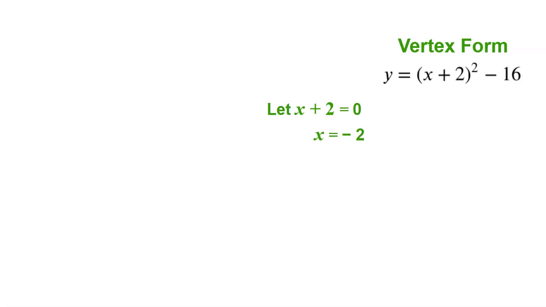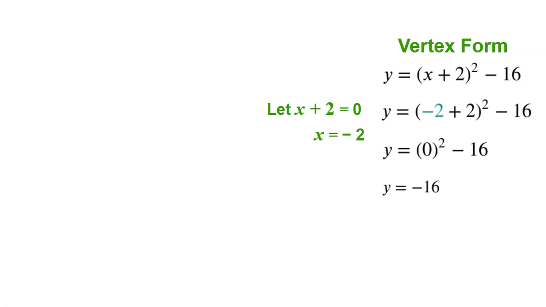Now why do we let x plus 2 equal 0? Well, if you want the lowest point on the graph or the highest point on the graph, then we want this binomial squared to be 0. Then what's left over will be either the lowest or the highest point on the graph, which is the vertex. So now that we know x is negative 2, let's substitute that back in for the variable x and simplify to get 0, square 0 and subtract 16 to get negative 16.